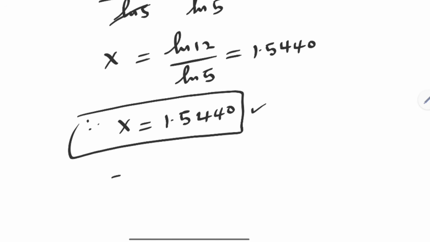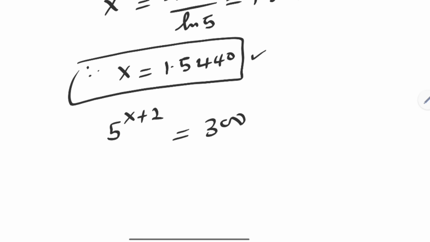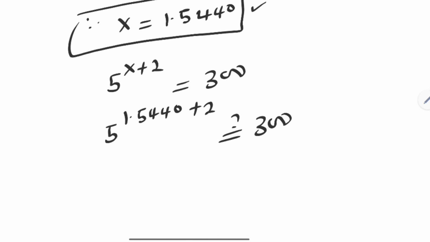We have the given equation 5 raised to power x plus 2 is equal to 300. Then this is 5 raised to power 1.5440 plus 2 must be equal to 300. Then this is 5 raised to power 3.5440 must be equal to 300.